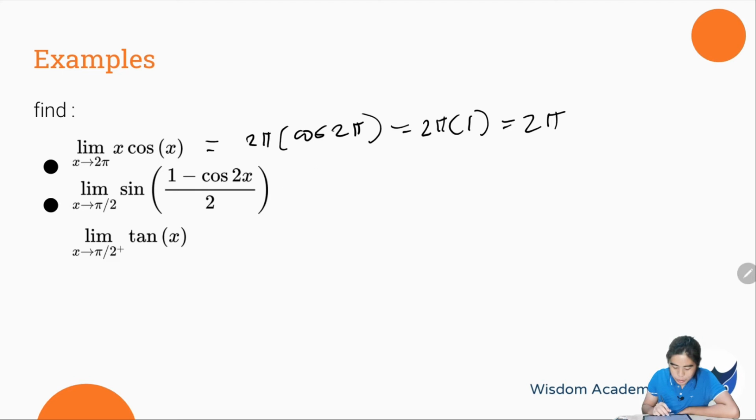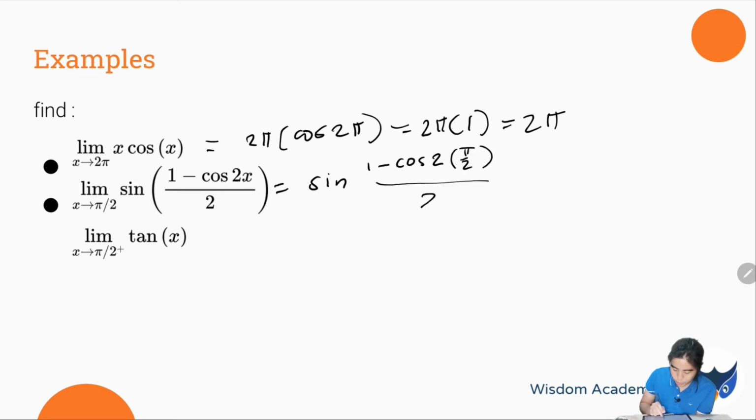So, direct substitution lang din. So, this will be equal to the sine of 1 minus cosine 2 times pi over 2 over 2. This will be equal to sine of 1 minus negative 1 over 2, which will be equal to sine of 1.